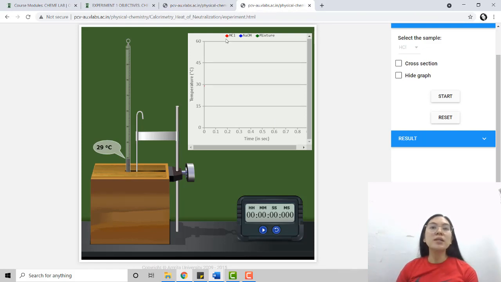However, instead of hot and cold water, it will be different substances: hydrochloric acid and sodium hydroxide, and then you mix them together. It's actually the same experiment procedure, just different substances. And of course, you would be required to calculate the enthalpy of reaction once you have performed this experiment.